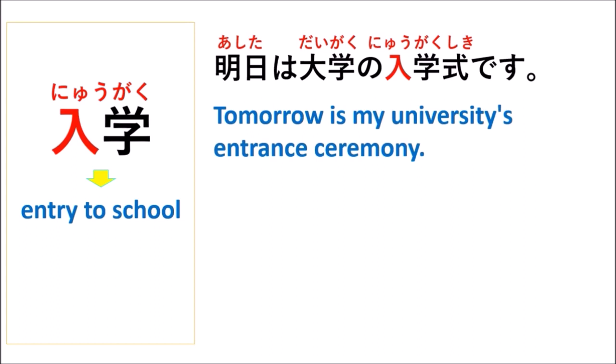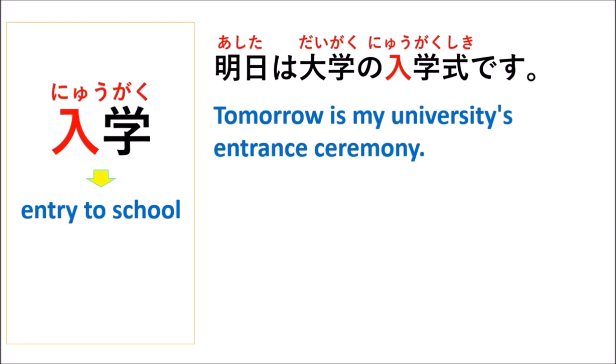So it means when you enter a university or a high school, they will have a ceremony. So in a case like this, they will use 入学式. 入学式 means entrance ceremony.